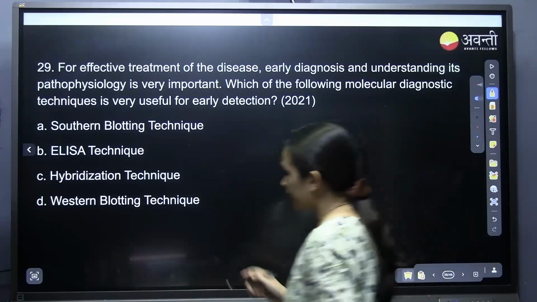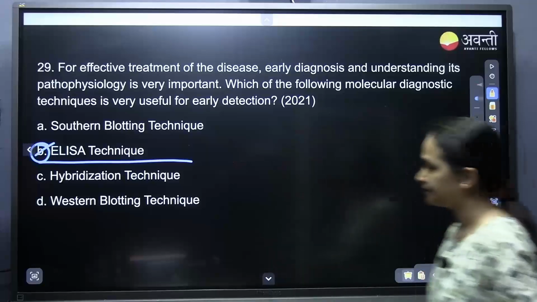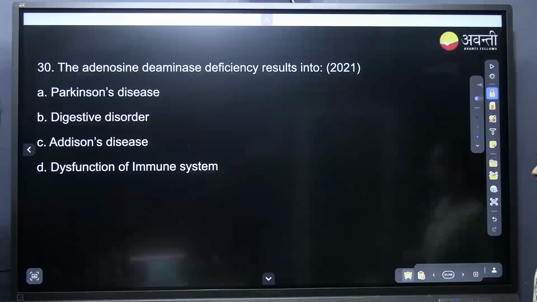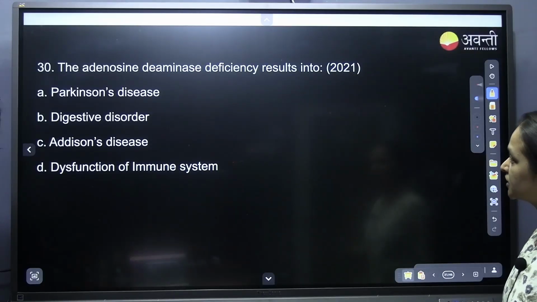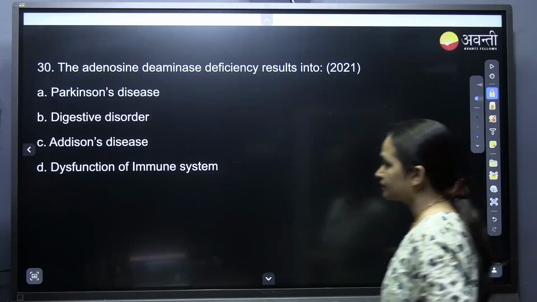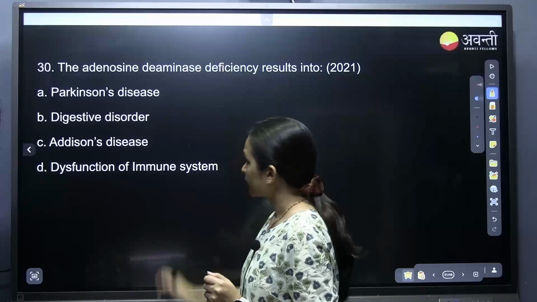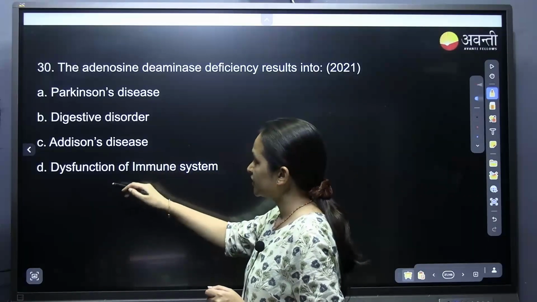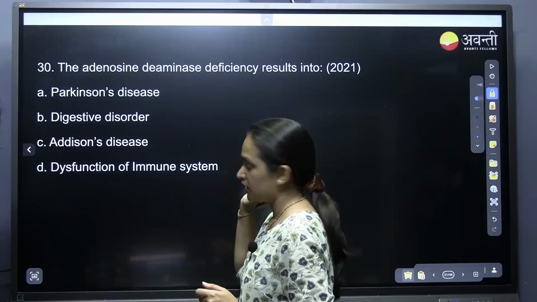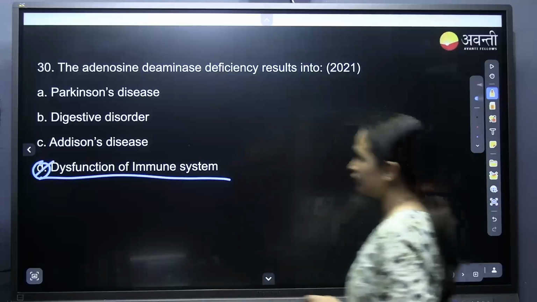Yes, very good. B is the correct answer, ELISA. The adenosine deaminase deficiency results in Parkinson's, digestive disorder, Addison's, dysfunction of immune system. Very good. D for Delhi, that is dysfunction of immune system.